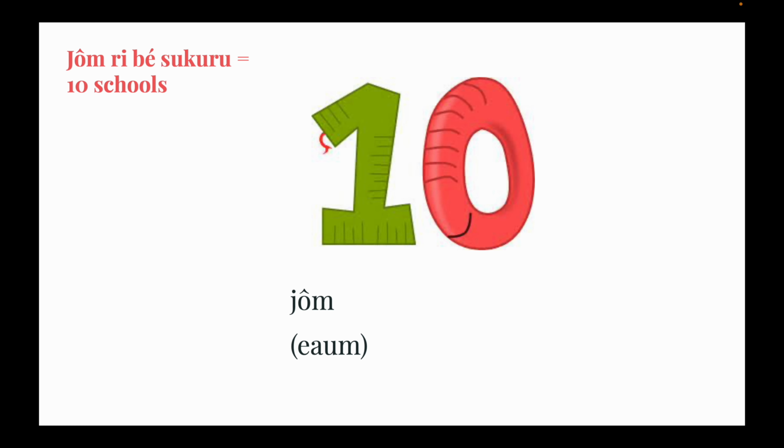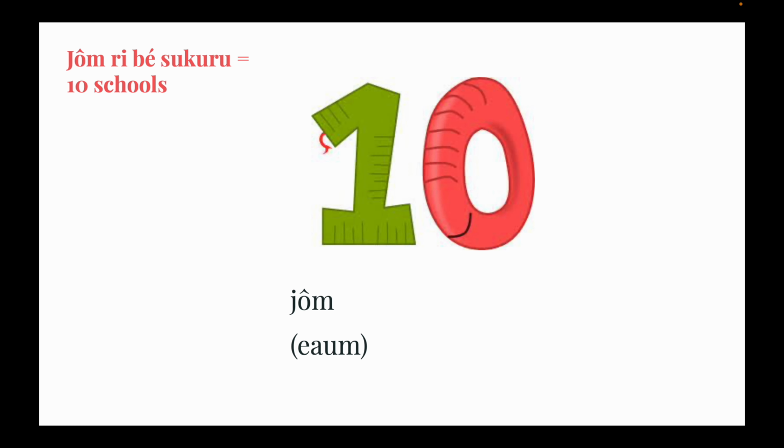Like you would say you have a dozen of donuts, that's almost like you're saying you have 10th. So you have tens of schools. Which really is 10 schools, but you must use the ribe. So to wrap it up for number 10, jom, 10 schools, jomribe sukuru.